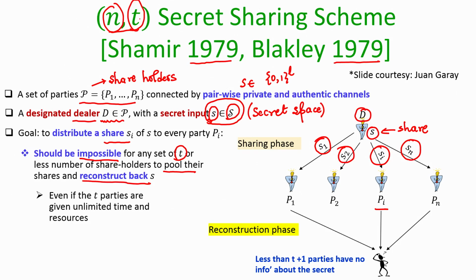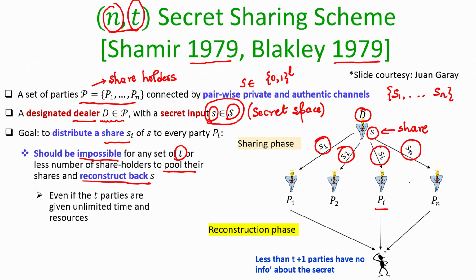So, I need my sharing mechanism to be such that for the vector of n shares S1 to Sn, if any t shares from this vector are taken, then it should be impossible to reconstruct the secret S, irrespective of how much time or how many resources I give you.